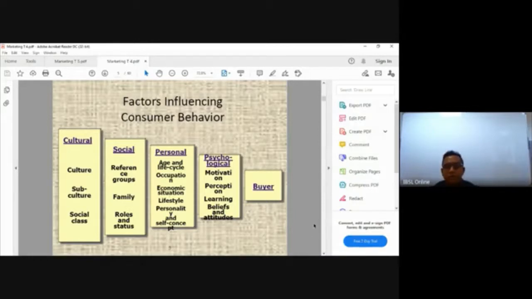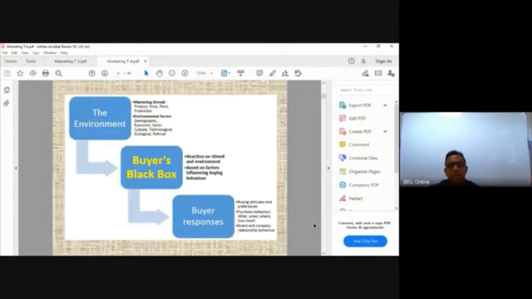So this black box model is very useful and appropriate in our day-to-day life too. Now even when parents advise children, will they take the advice 100%?